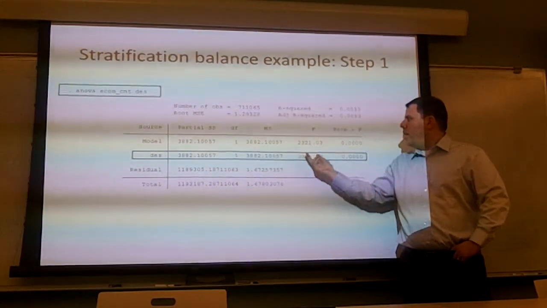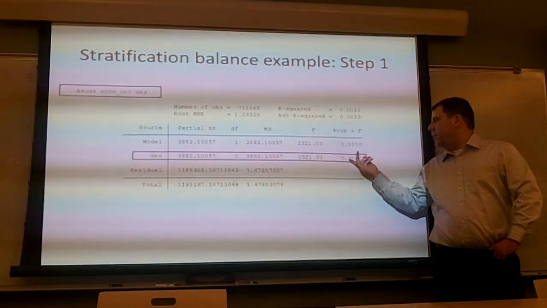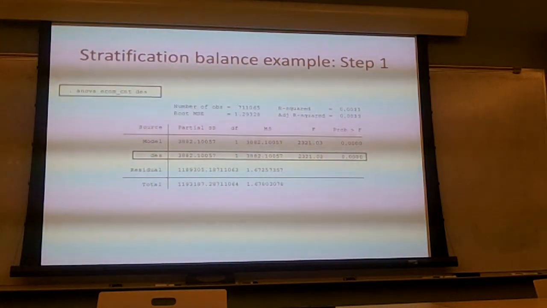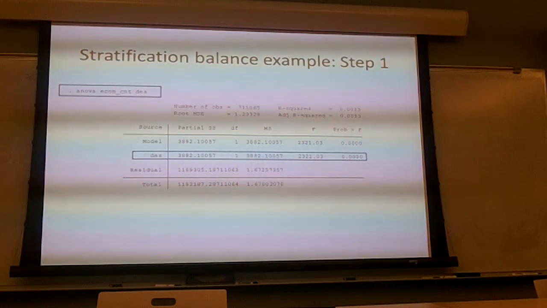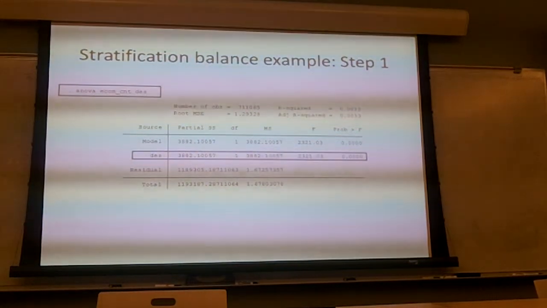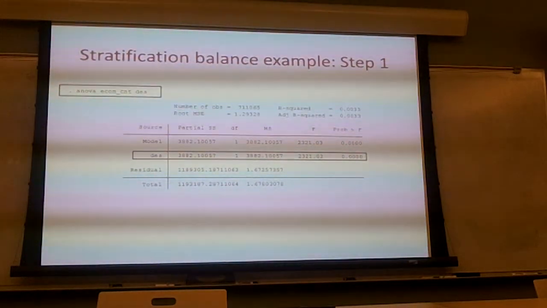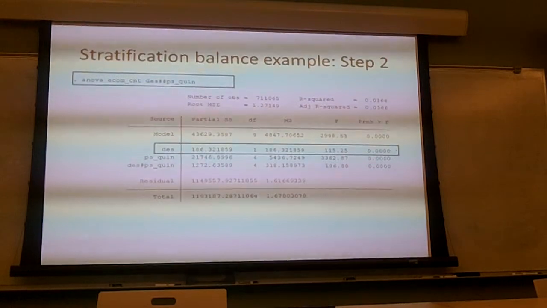What we find, in fact, is that the F statistic is over 2,000. The p-value for that main effect is less than 0.001. It's vanishingly small. Now imagine I've done all the logistic regression, generated the propensity score, and chopped the propensity score into quintiles, like I did on Thursday of last week. And now I want to test whether or not my balance was successful.